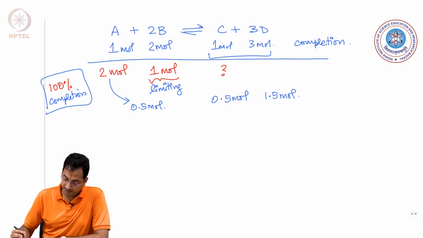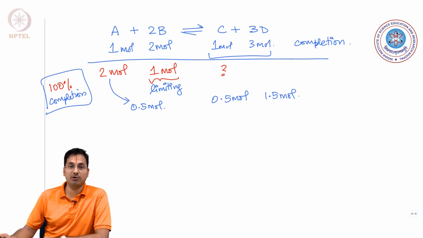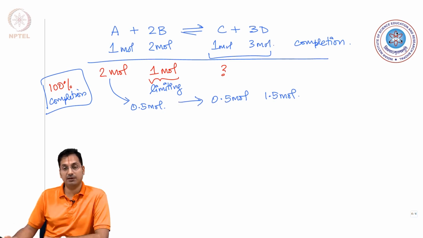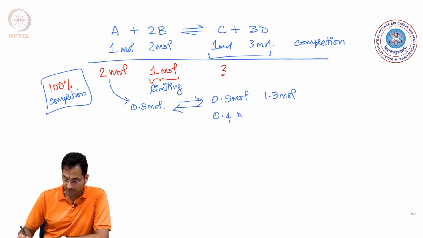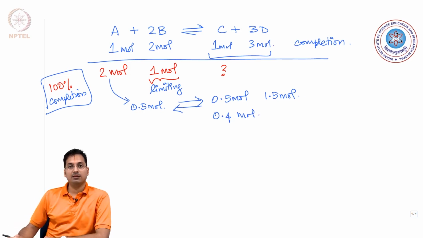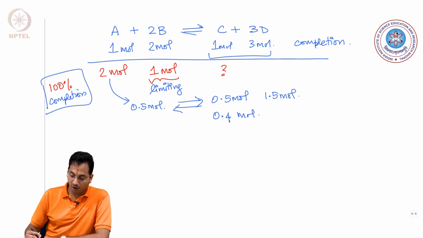What could end up happening here is that it does not have to end up in a complete conversion to C and D. It could be in an equilibrium where you form less of C and D. For instance, let us assume 80% conversion happens and you have 0.4 mole of C. Then can we ask the question, how much of A or B are remaining under such a case?